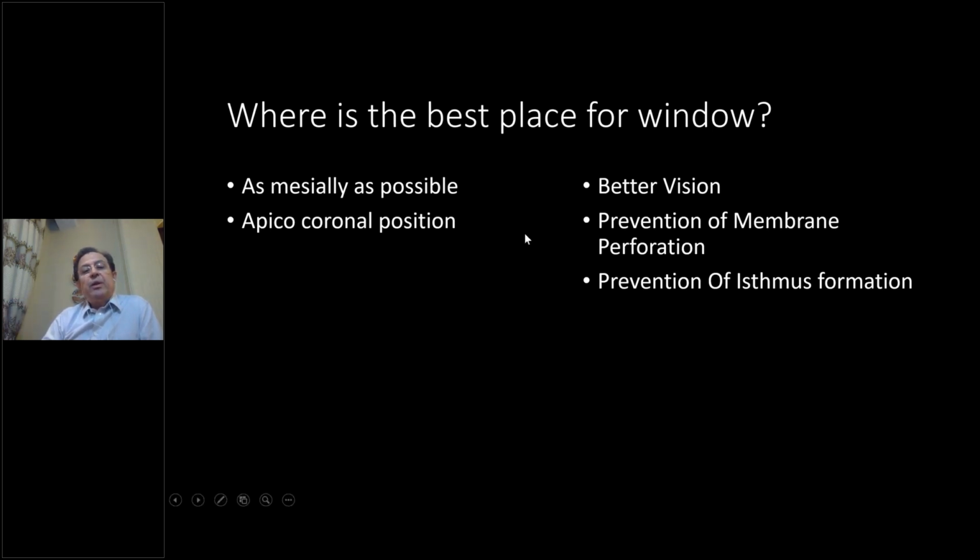So it's better to check it in the mirror, and if we prepare the window as mesial as possible, we have better vision. And if we have better vision, we can prevent membrane perforation.